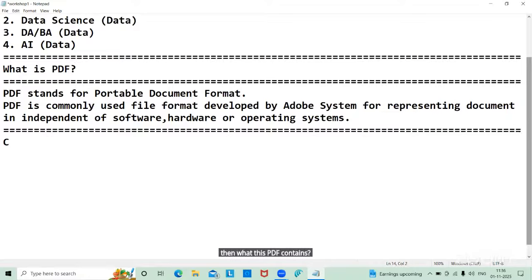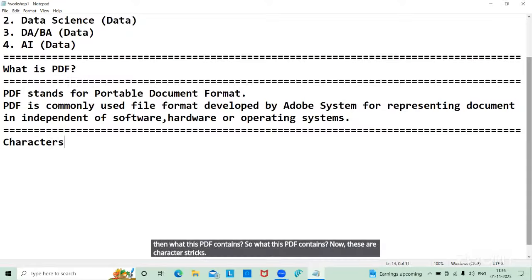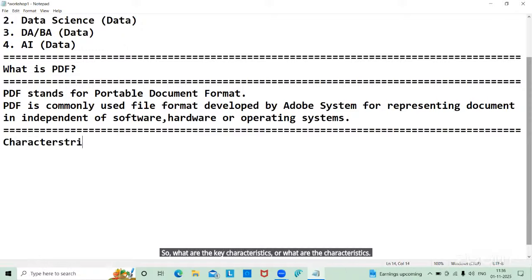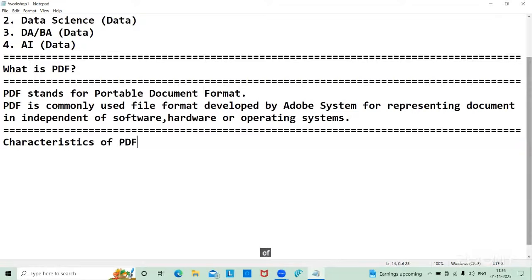So what does this PDF contain? These are the characteristics of a PDF.